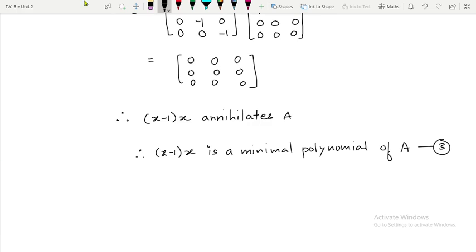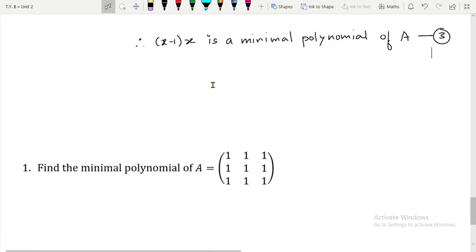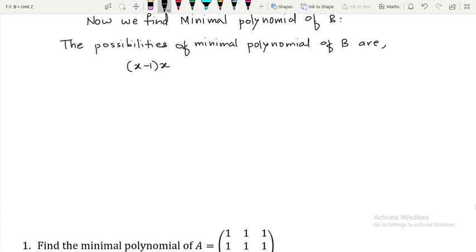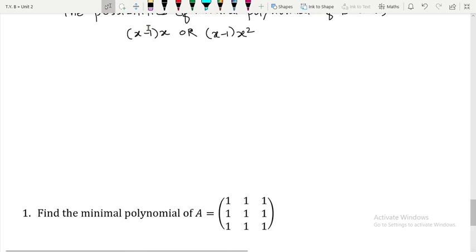Now let us find the minimal polynomial of B. Okay, so I'll say now we find the minimal polynomial of B. The possibilities of the minimal polynomial of B are x minus 1 multiplied by x, or it can be x minus 1 multiplied by x square. So first of all we will check whether this x minus 1 multiplied by x is the minimal polynomial or not.